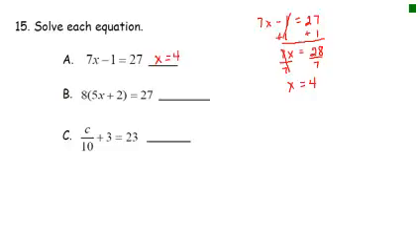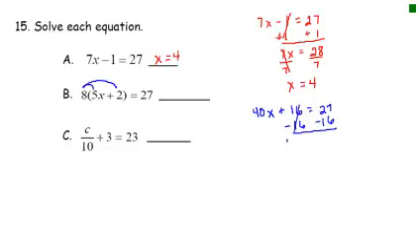All right, looking at letter B. The first thing you need to do is to distribute. So that's going to be 8 times 5x, which gives us 40x, plus 8 times 2, which gives us 16, and then equals 27. Subtract 16 on both sides.